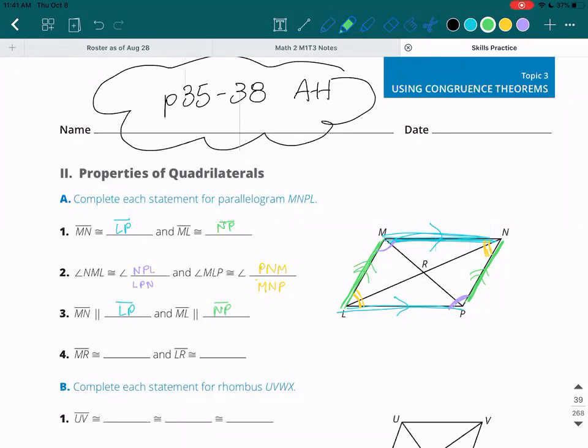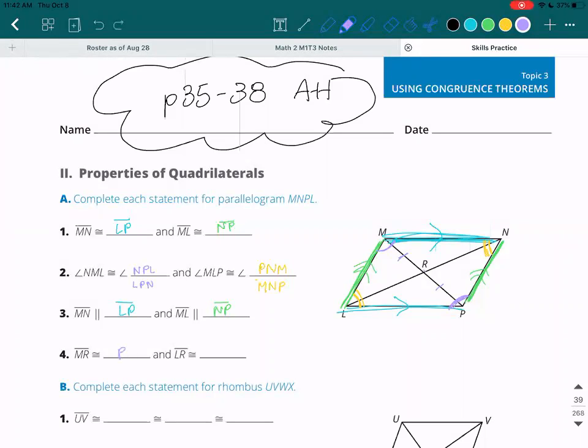Good, I see multiple people participating. And then we have MR, this line segment from M all the way to R, the center, which is congruent to which segment? PR, right over here.